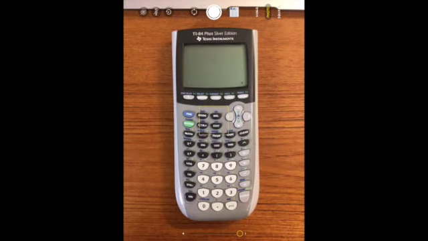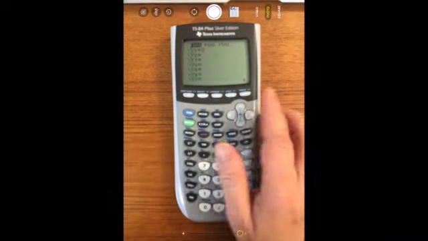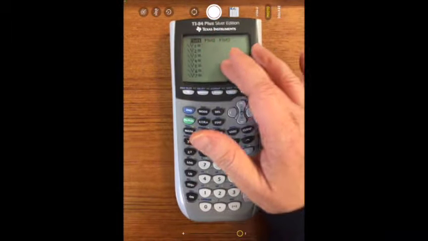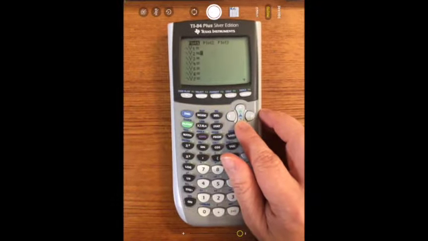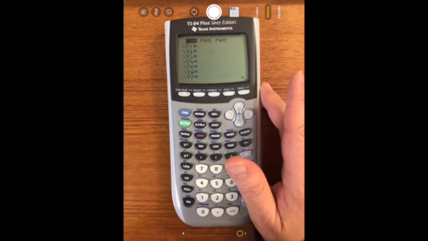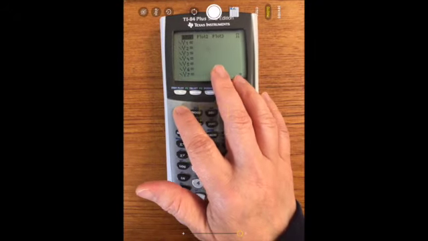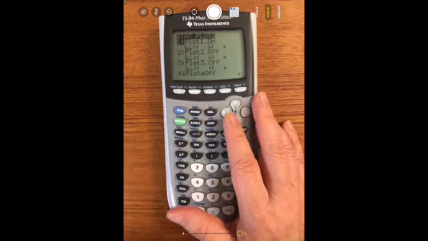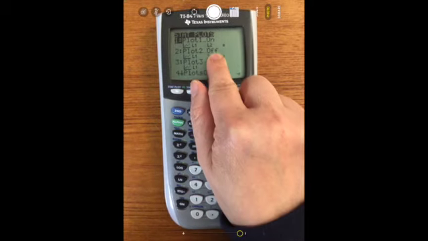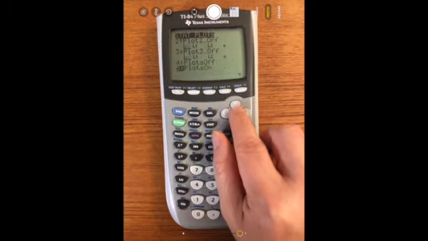So to do that, you are going to go to Y equal. Now make sure everything in here is all clean and double check, scroll down the equations. You don't have anything else there. And you're also going to go to second, stat plot. You are going to turn off all of them.